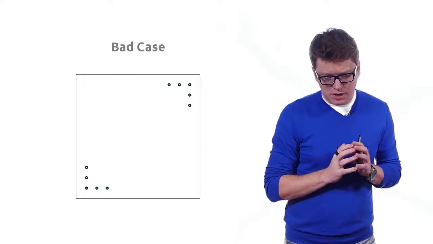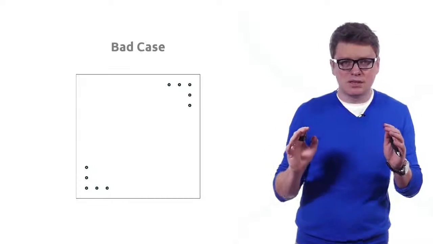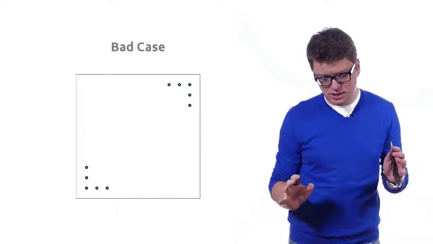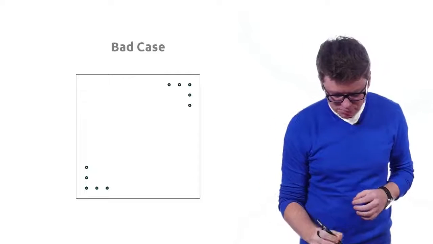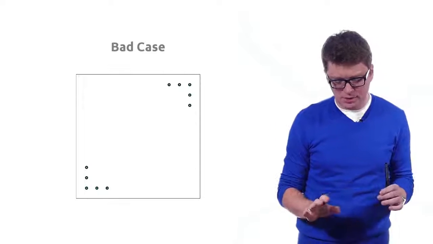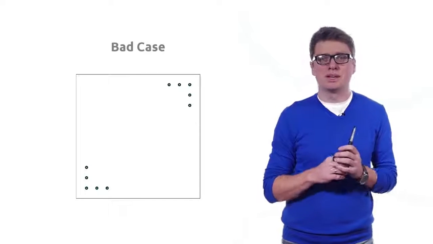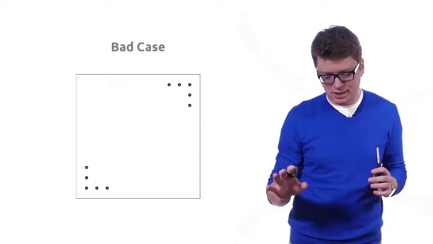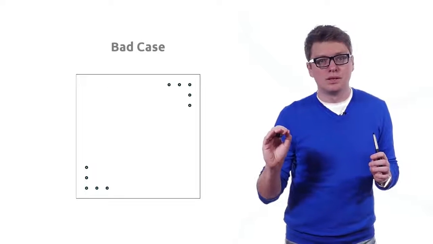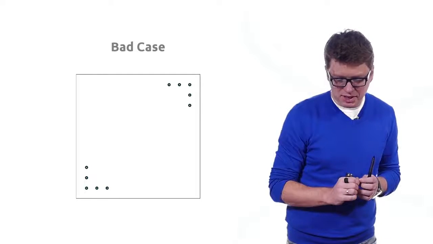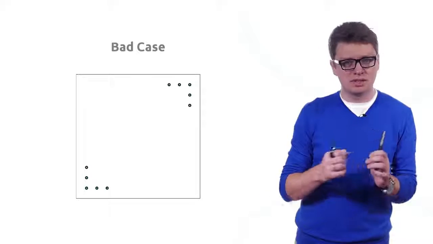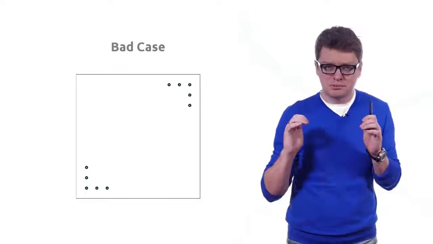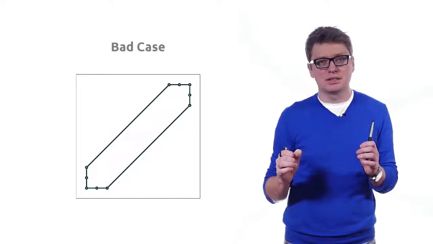Probably a more interesting example is the following. So consider just this simple data set. We have some bunch of points here at the bottom left corner, and some bunch of points here at the top right corner. Of course, for this particular example, it is not so difficult to convince yourself that the best cycle looks like this, right?